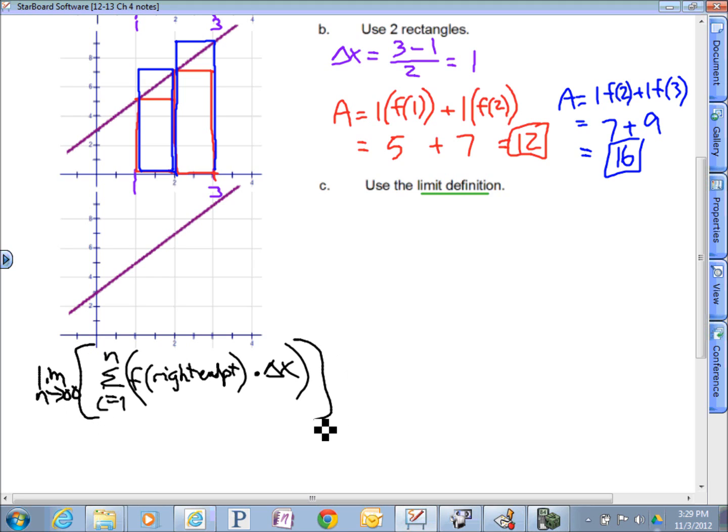When we get done with this, it's going to give us the exact area under the curve. Some of you might be saying, I could probably use geometry to figure it out now. That's good. That'll be a great way to check that what we did is right.